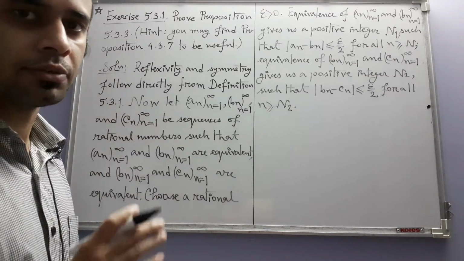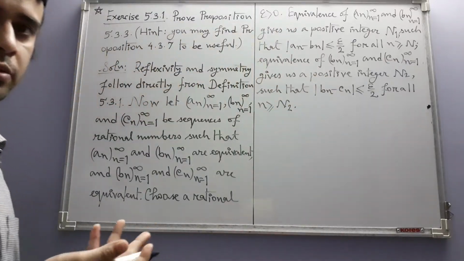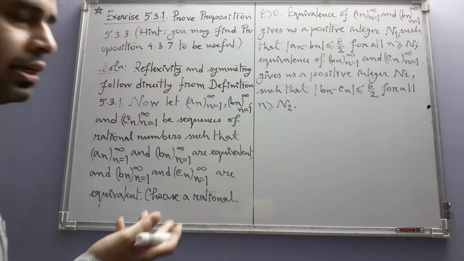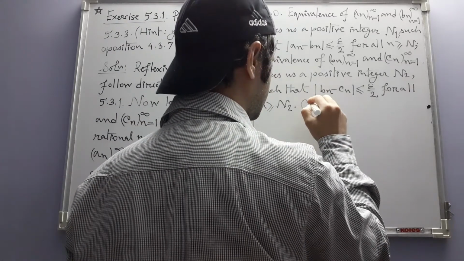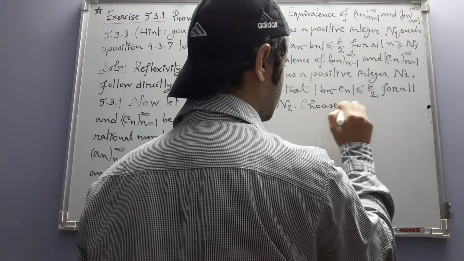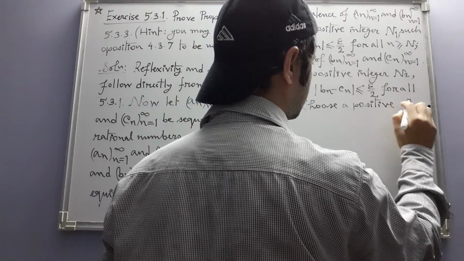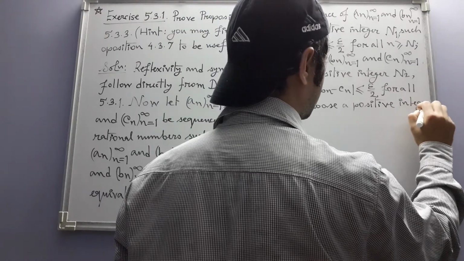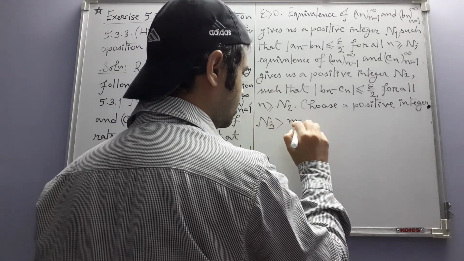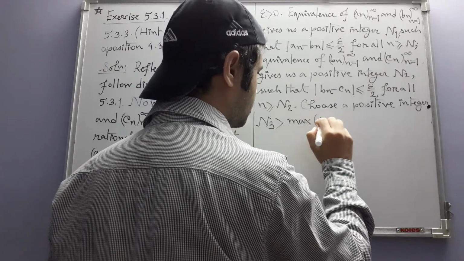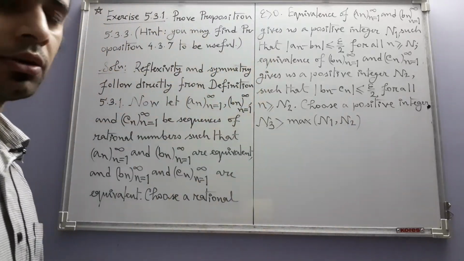Now we are going to make use of these two conditions to draw a conclusion about the distance between a_n and c_n. By now you can almost see what we are going to do here. Choose a positive integer N3 greater than the maximum of N1 and N2. Such a positive integer can always be chosen.